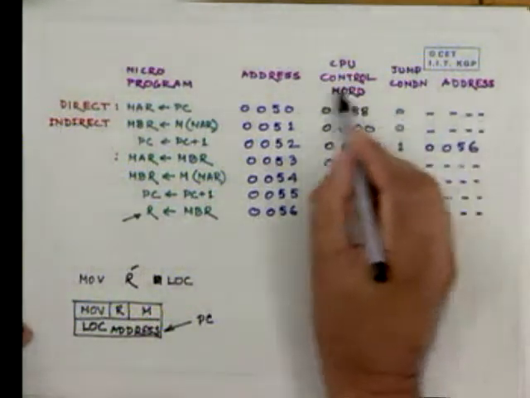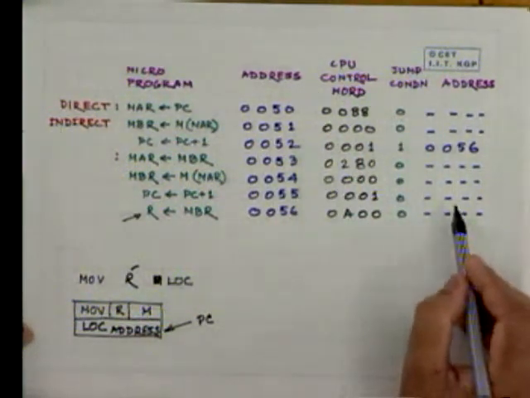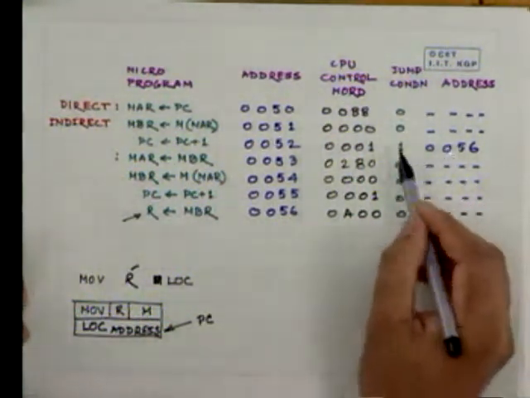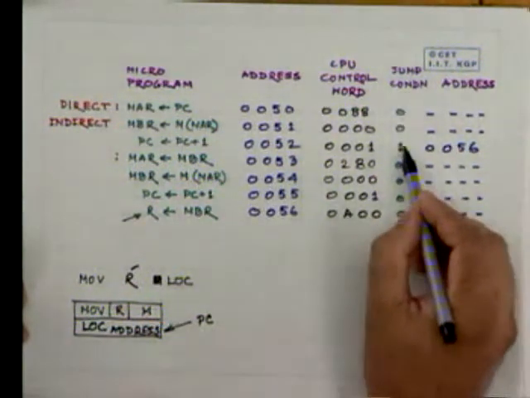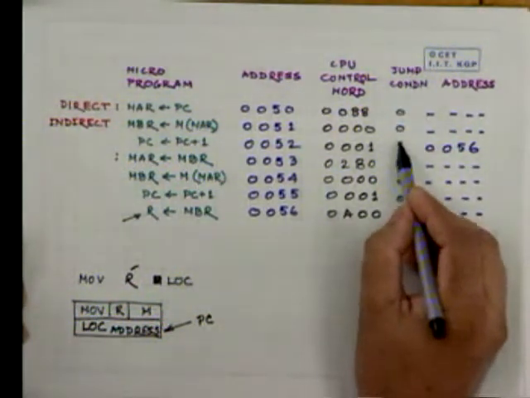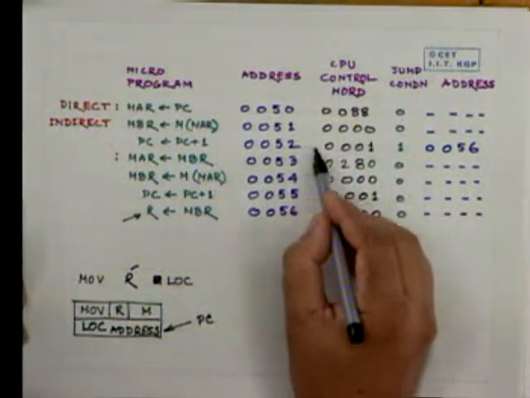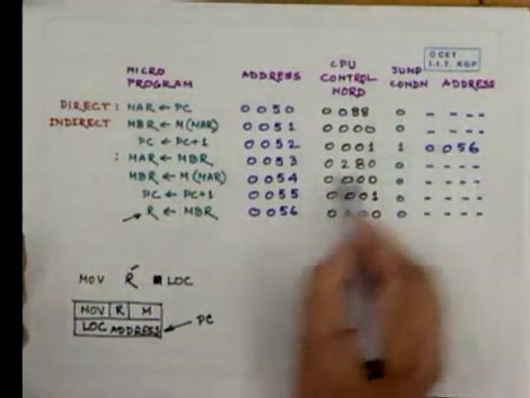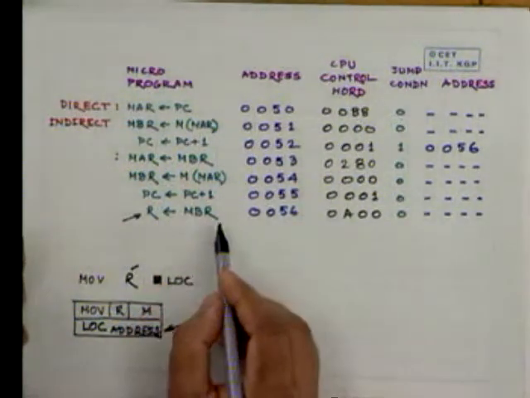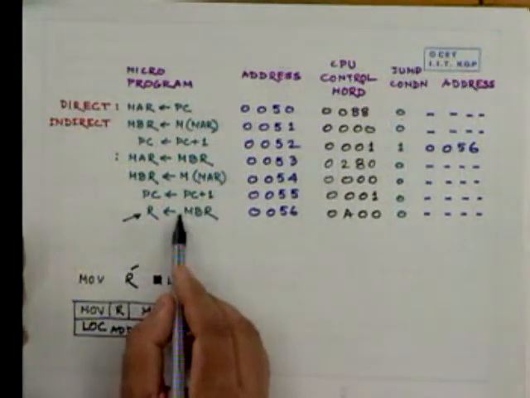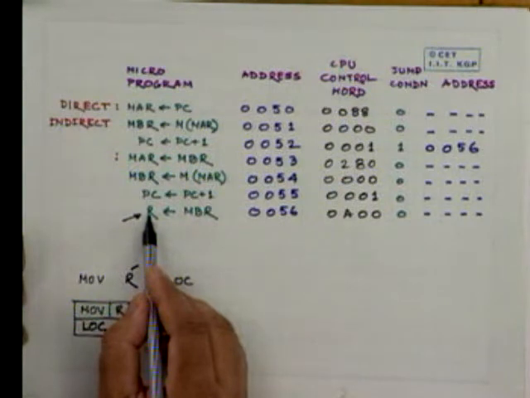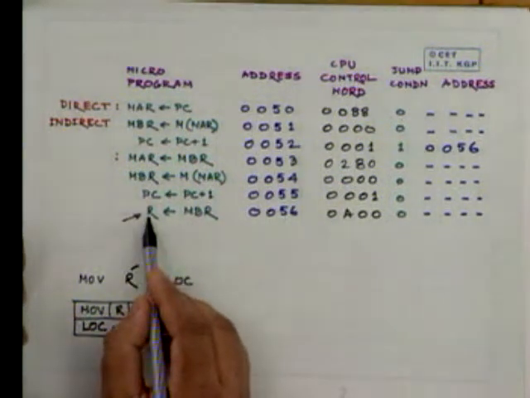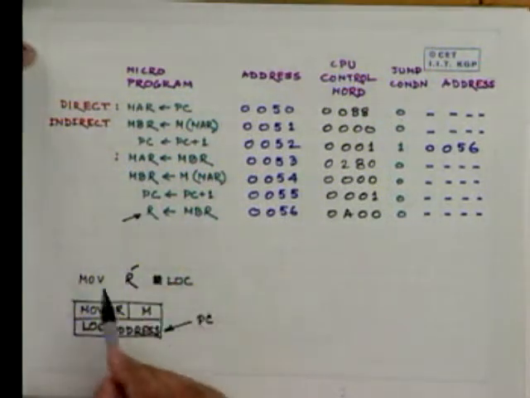In this micro program, we have indicated that if this jump condition is 1, after execution of this instruction, the control should come to 0056, where the content of the memory buffer register will come to the designated destination register.